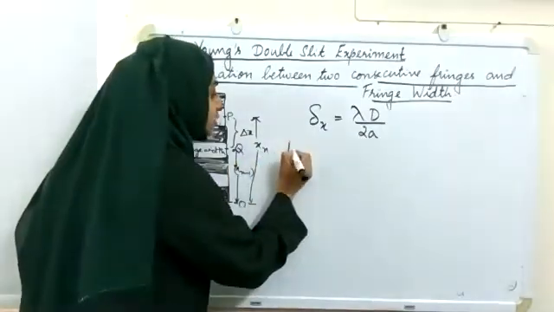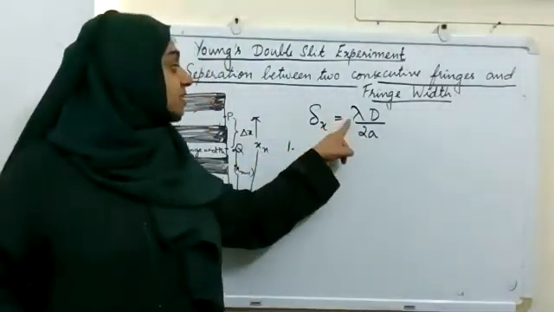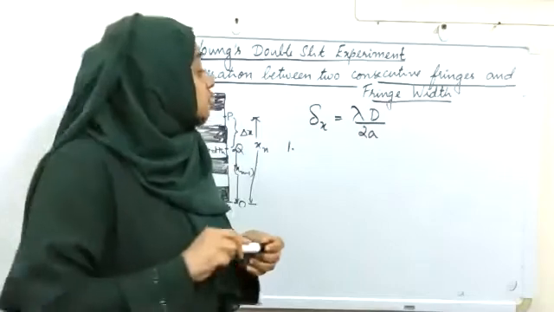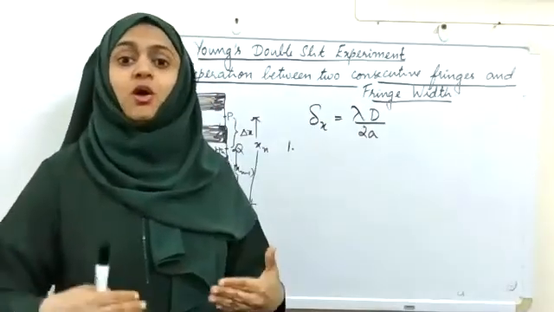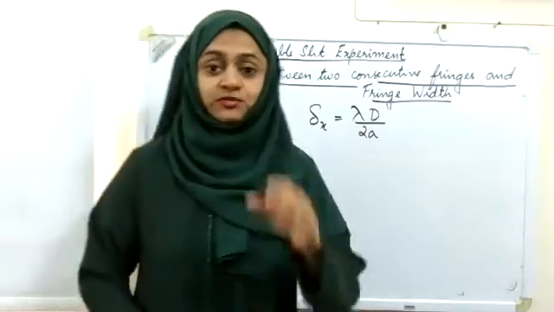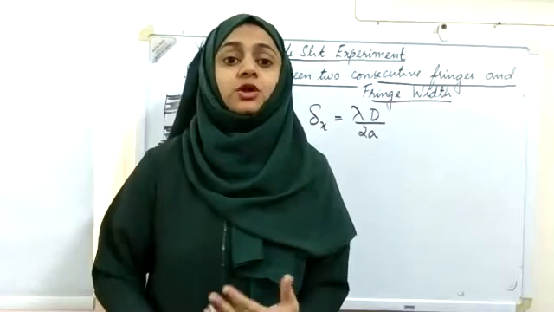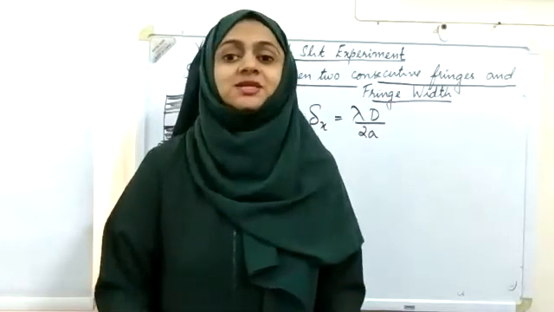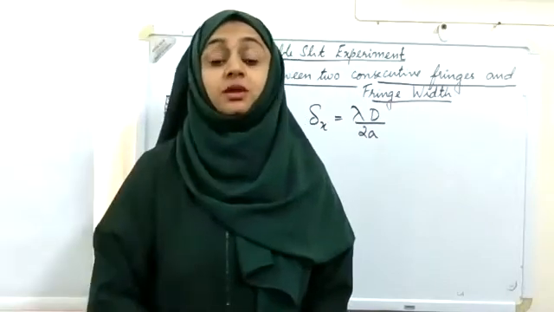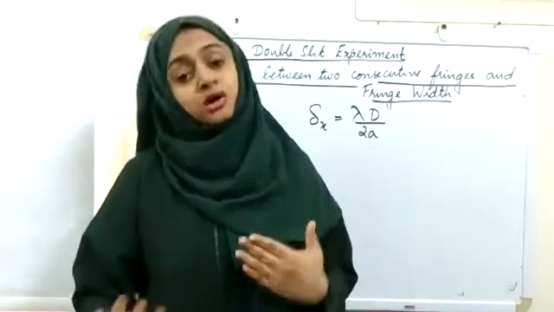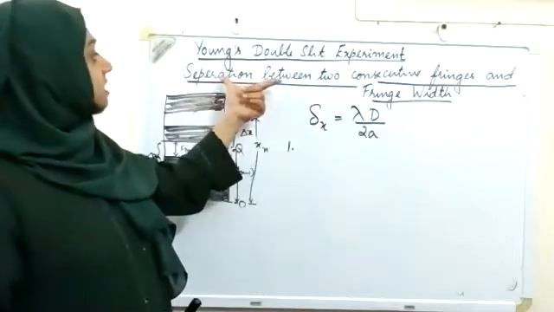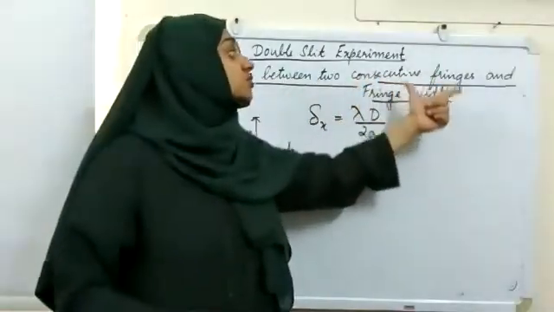The first point to be noted is, is there n in this? No. The order of the fringe is not there, which means it doesn't depend on it. All fringes will have the same width. So if you see the interference pattern, you will not be able to notice which is the central one. All fringes will have the same width, either dark or bright. We derived the expression for separation between two consecutive fringes.